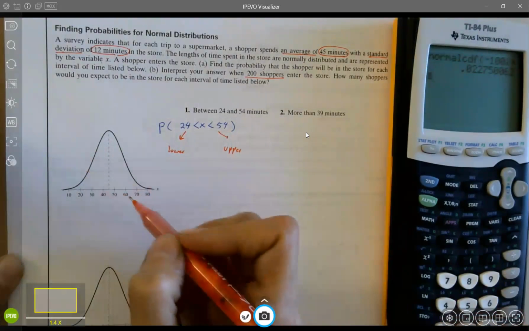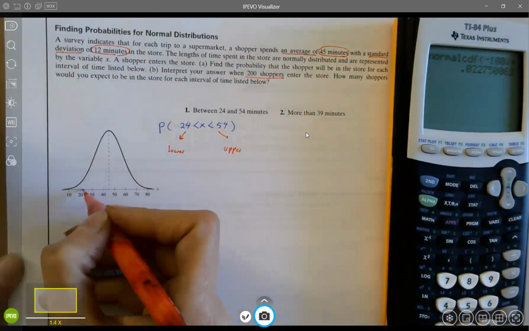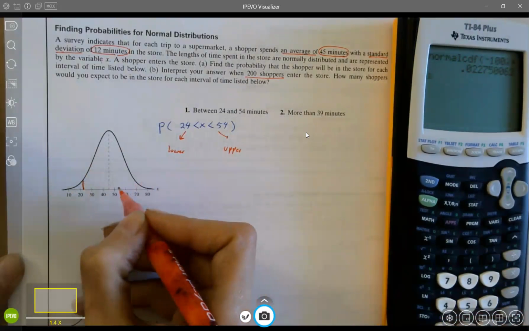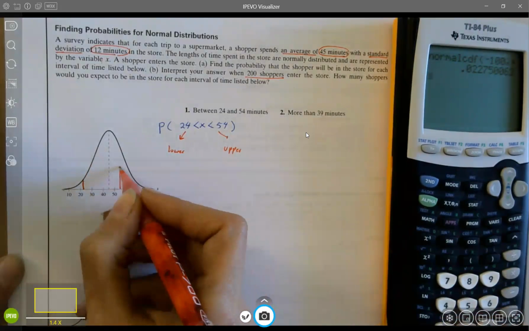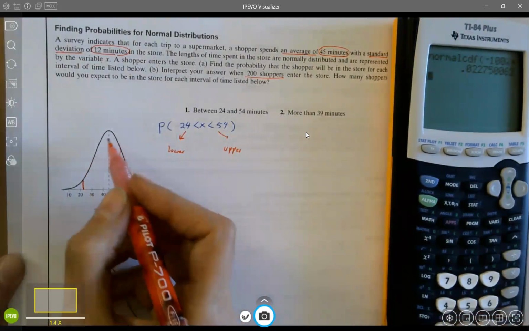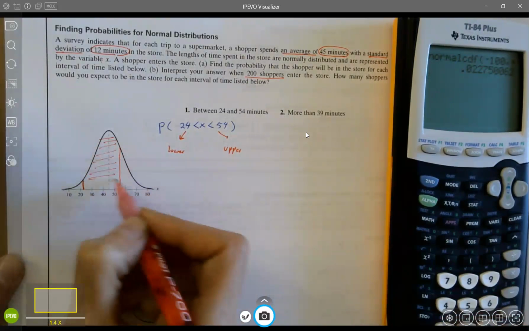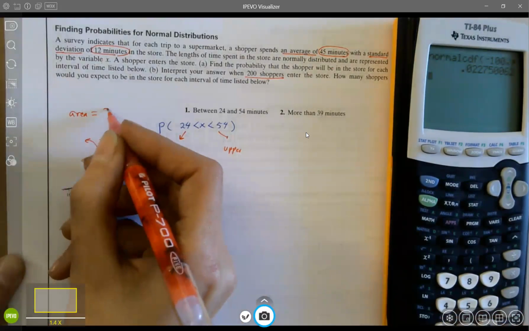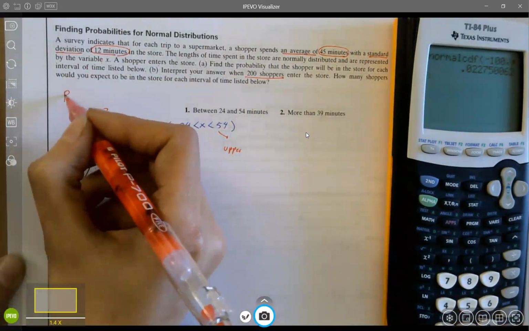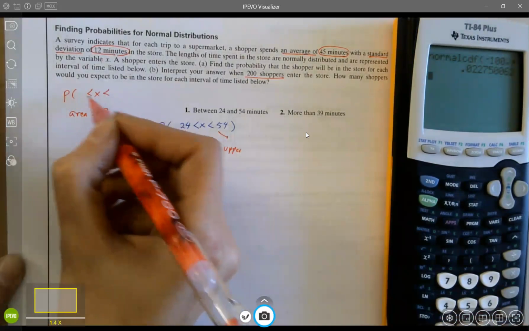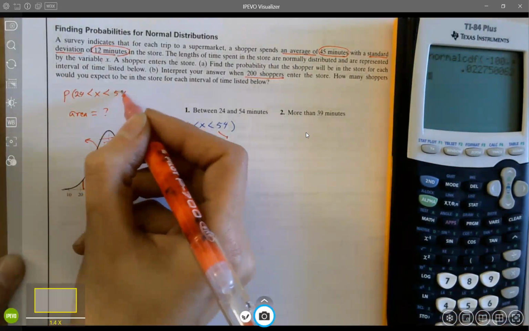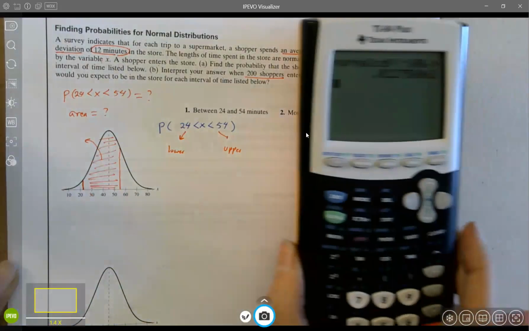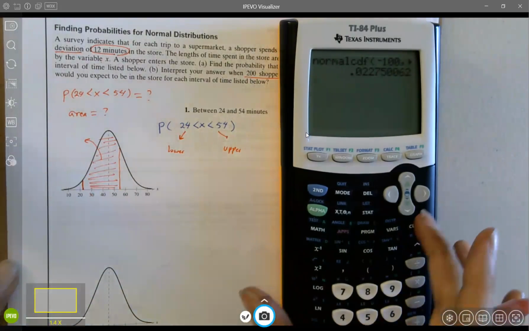So let's take a look at 24 minutes and 54 minutes. We want to find this probability or this area. What is this area? What is this probability? This is the probability that X is between 24 and 54. Calculator to the rescue.